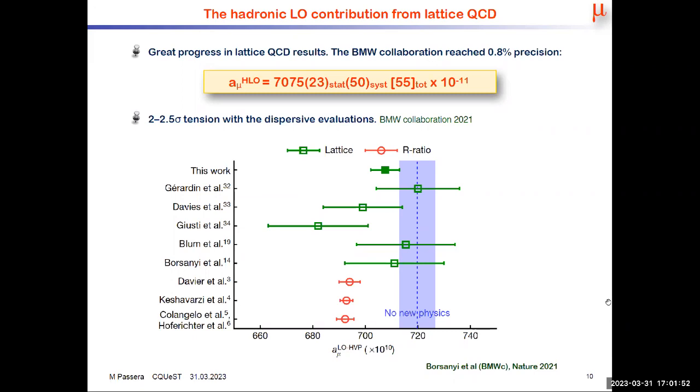The central value here is the value of the hadronic contribution that you need to explain the experiment without new physics. Just without new physics. So this is the discrepancy that you have here. And this, on the contrary, is the value that you have if you use just the lattice result.